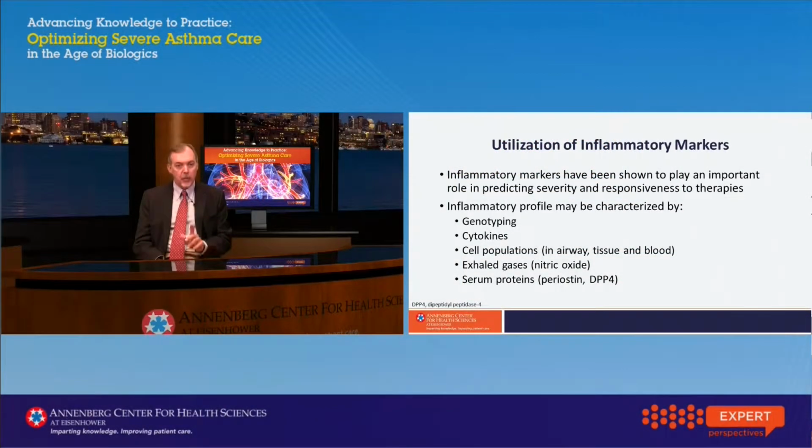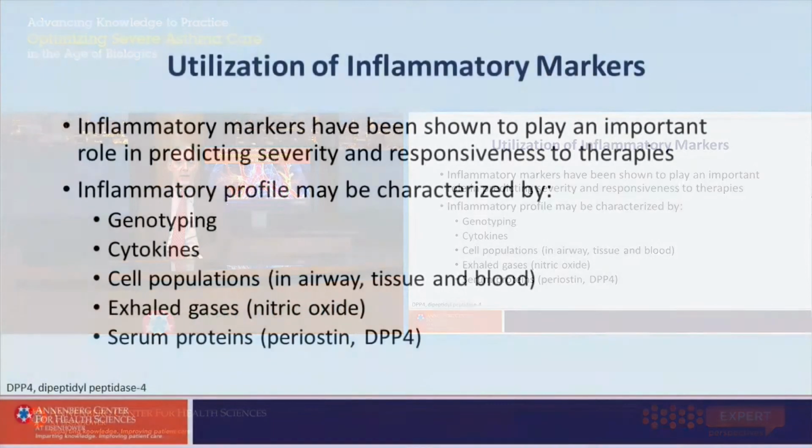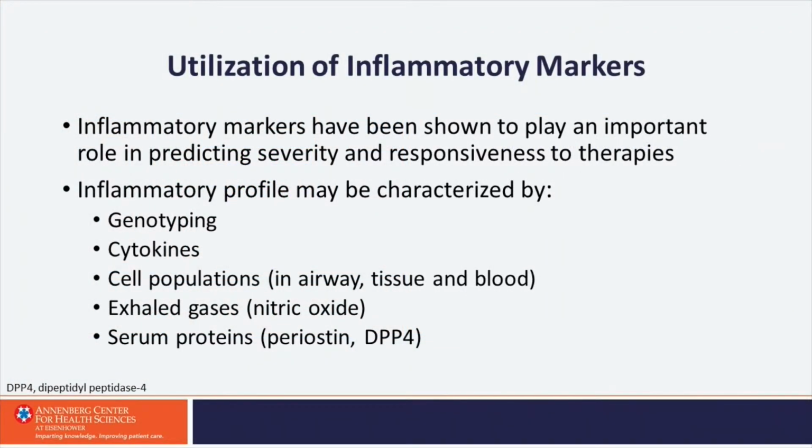So how do we utilize these inflammatory markers, and what are we really looking for? Well, one thing that we know is that inflammatory markers have contributed to our understanding of how to predict which patients will be more severe and how well they'll be responsive to some of the therapies that we commonly use. There's a number of different ways that we can characterize patients using biomarkers. We can do genotyping.